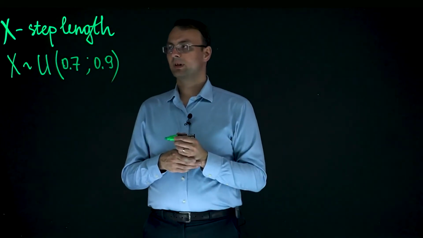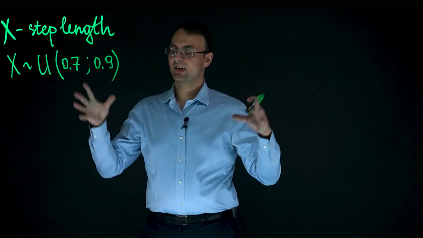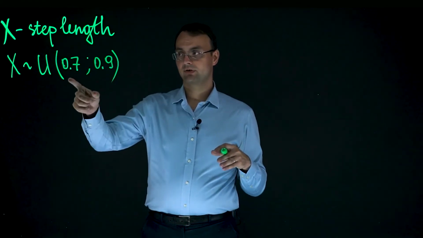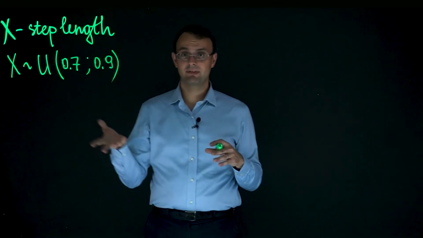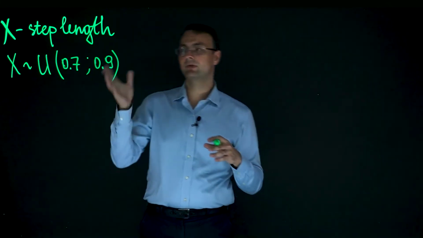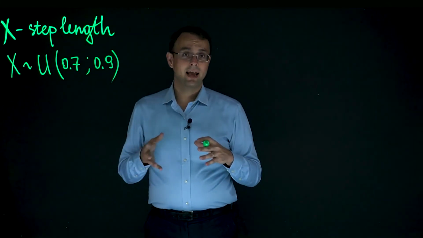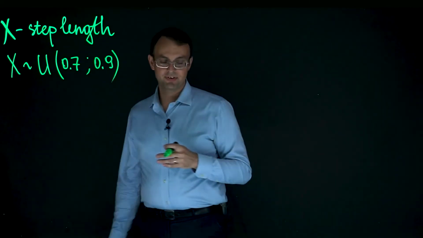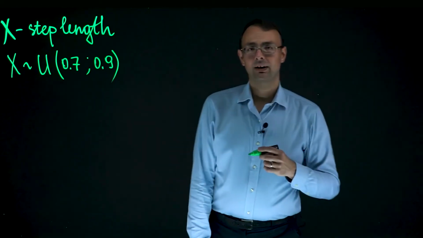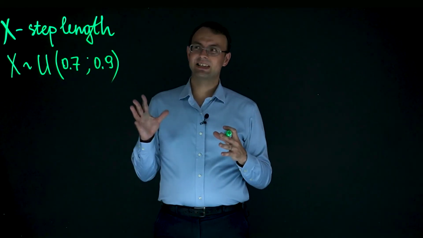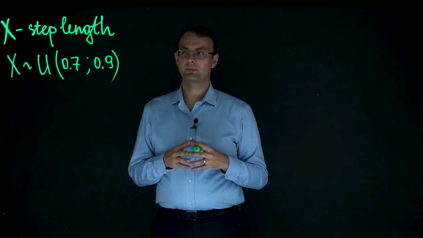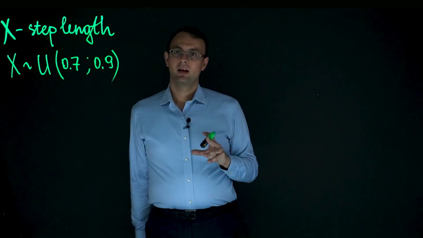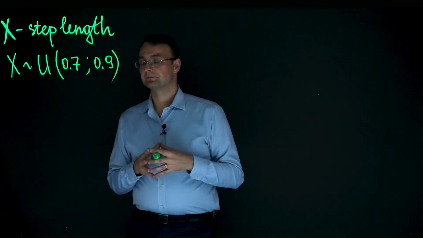So here we assume that the length of a random step can take any value from this range, from 0.7 to 0.9, so from 70 to 90 centimeters, and that it can equally likely take any value from this range. Actually, this is not true. Actually, step length is not uniformly distributed, but still let us assume that it is so, just for our example.